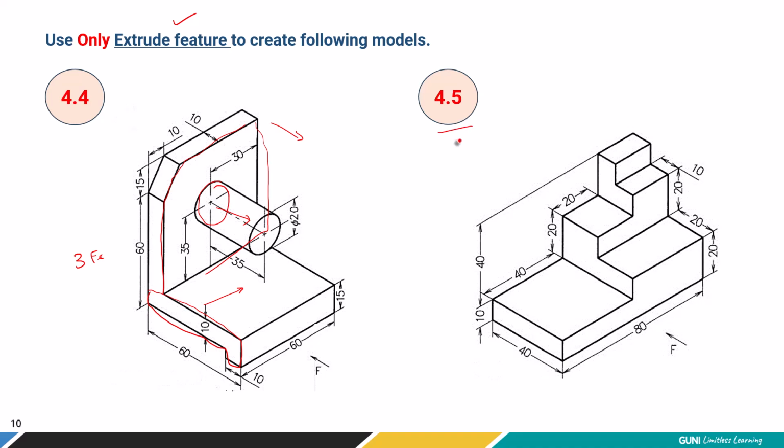Similarly in exercise number 4.5 you can begin with the bottom block like this, and extrude it, and then we have to sketch like this from the back side and extrude in these directions. So depending upon what is given in the exercise, you have to use different options of extrude features. So let's try to complete all exercises using extrude features.